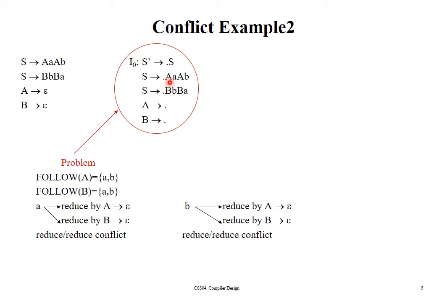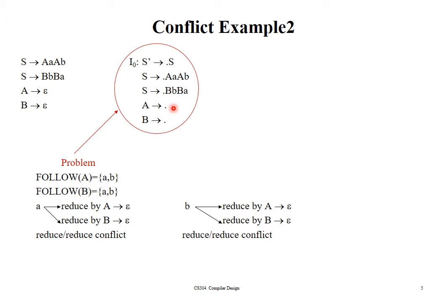Similarly, when we check S gives dot B, after the dot there is a non-terminal capital B, so we have to add the B production. Similarly for B also there is only epsilon on the right hand side. So while we produce an item for such cases, where the RHS has only epsilon, just put a single dot over the right hand side, and the item ends.